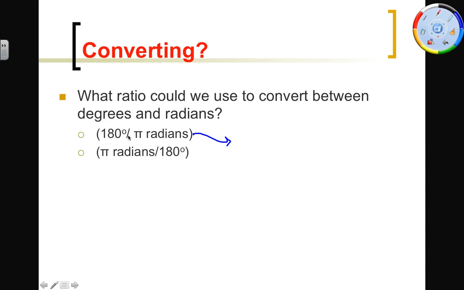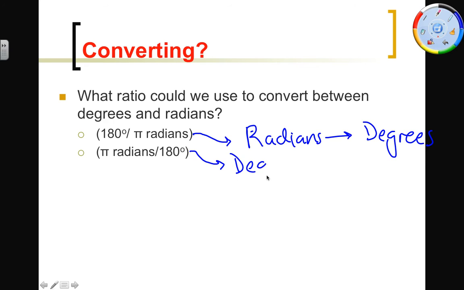All right. 180 over pi is to go from radians to degrees. The pi over 180, as I just mentioned a second ago, is to go from degrees to radians.